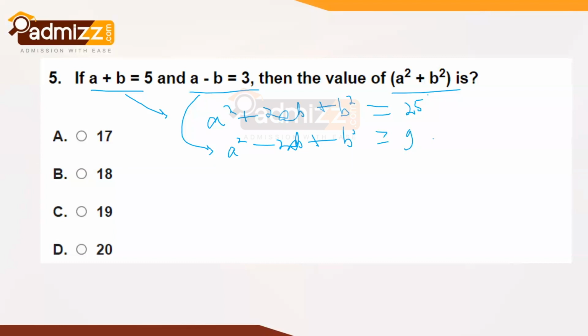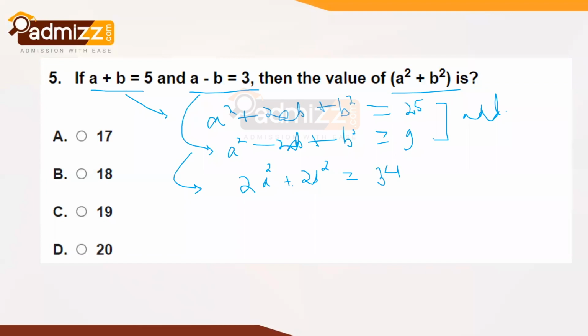Since we have to find the value of a squared plus b squared only, we can add these two equations. Then we obtain 2a squared plus 2b squared is equal to 25 plus 9, which is 34.